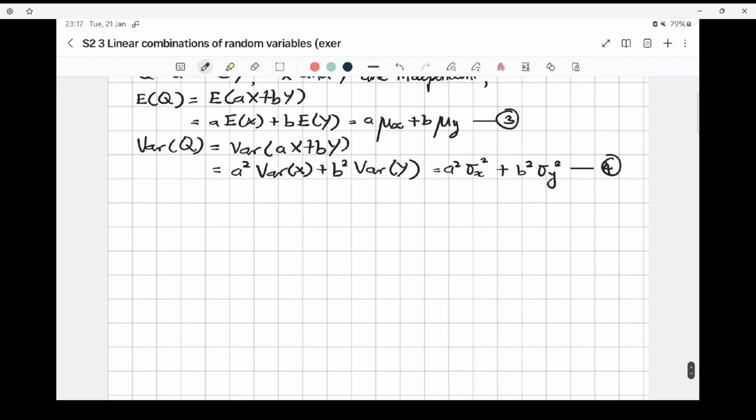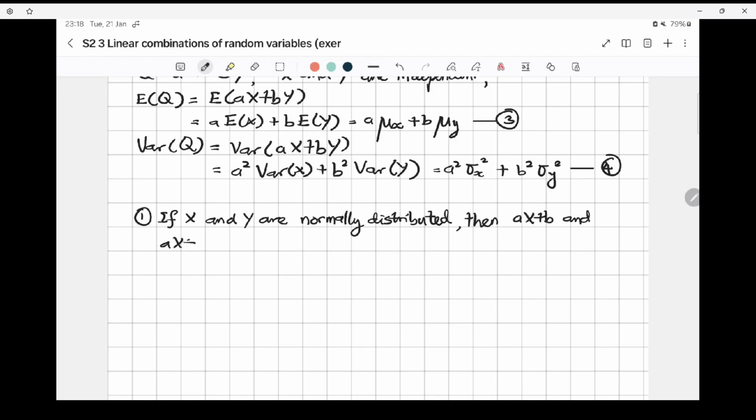So before we go to the exercise, there are two conclusions that you need to make. The first one is that if X and Y are normally distributed, then aX plus b and aX plus bY are also normally distributed.